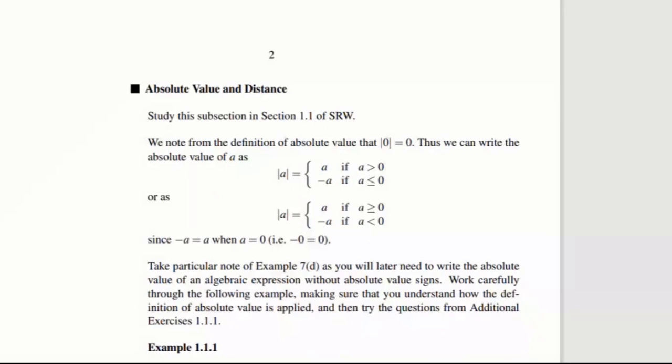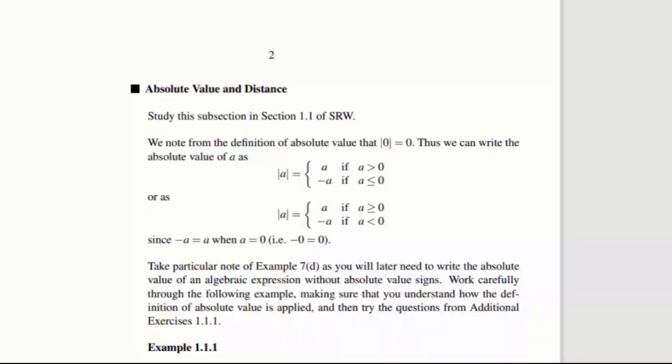What you should notice, guys, is that the absolute value function is always positive or 0. It's never negative. In the first instance, if you look at the definition, it says absolute value of A equals A if A is greater than 0. Well, A greater than 0 means it's positive.